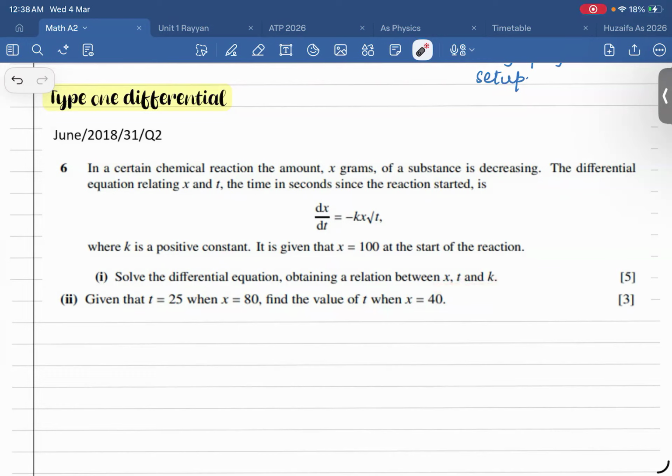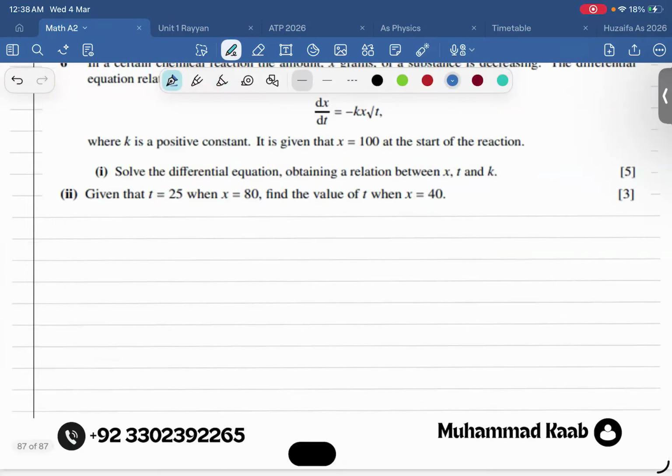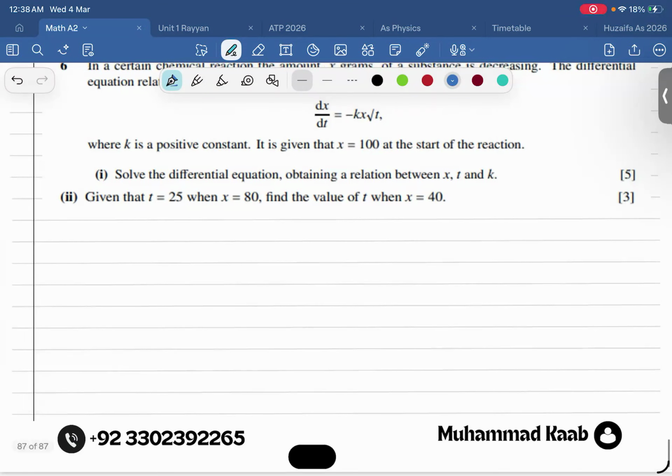So how you have to solve it is you just need to follow 3 or 4 steps. Okay. So they are basically as follows. You first have to separate the dx and the dt and their corresponding variables. This is the first step: separate the dx and x together.